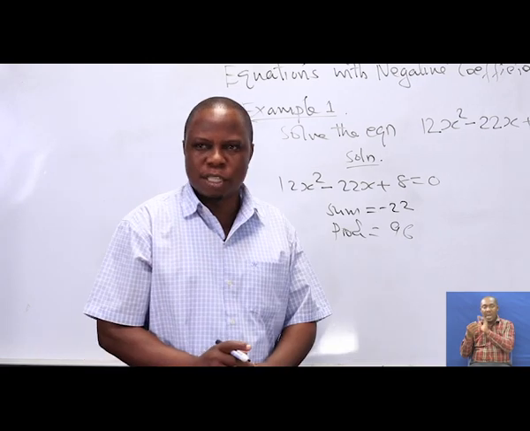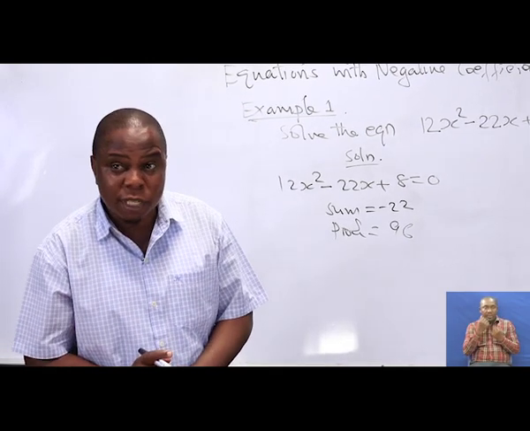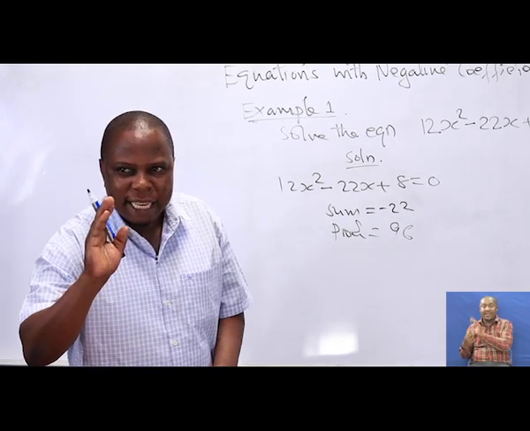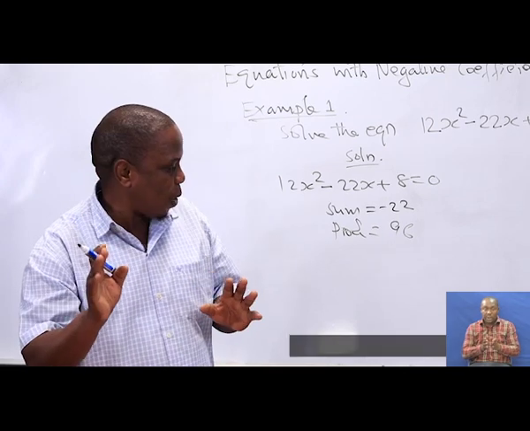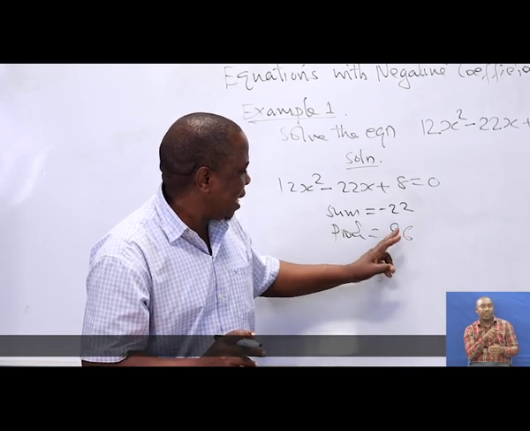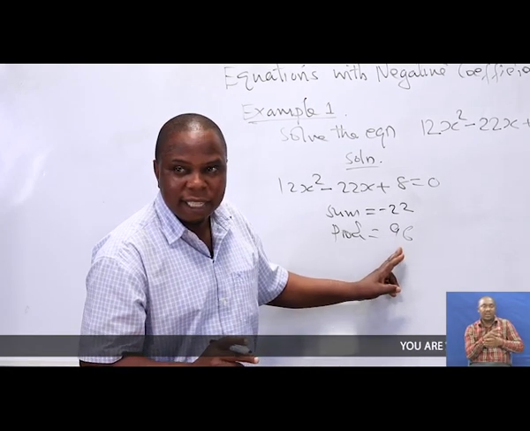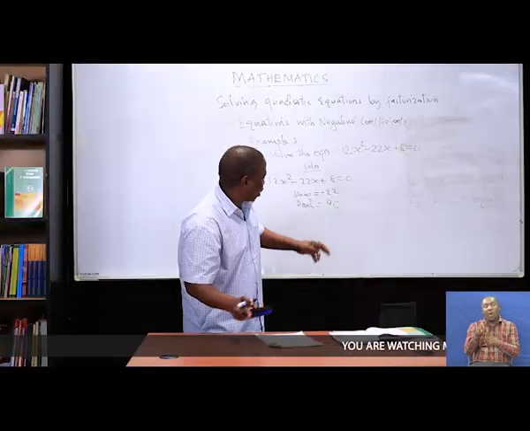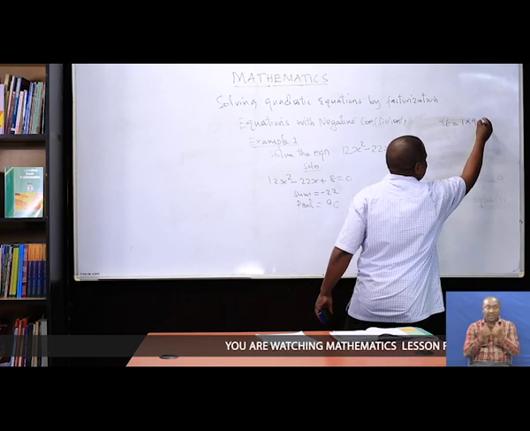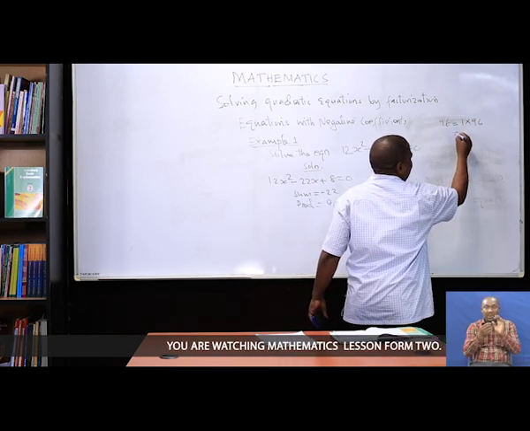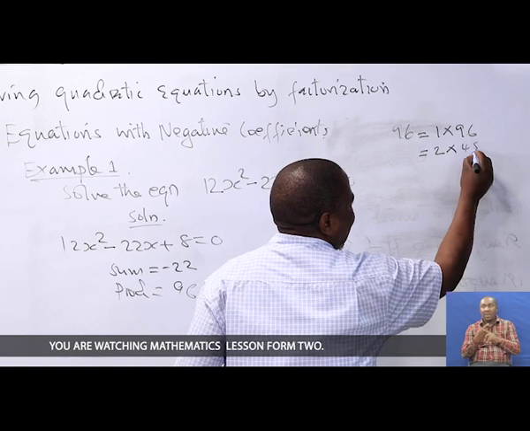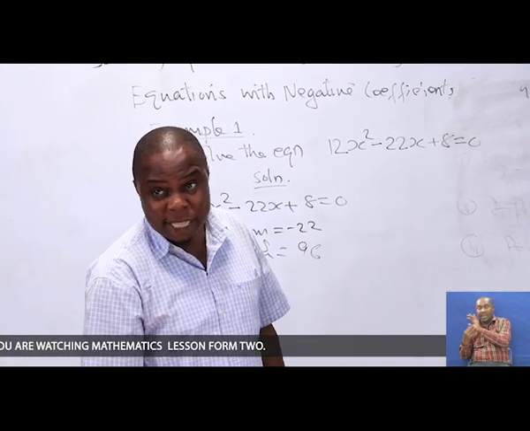How do you get those two numbers whose sum is negative 22 and whose product is 96? The most convenient way of getting the two numbers is to find the factors of 96. 96 can be written as 1 times 96. 96 can be written as 2 times 48.